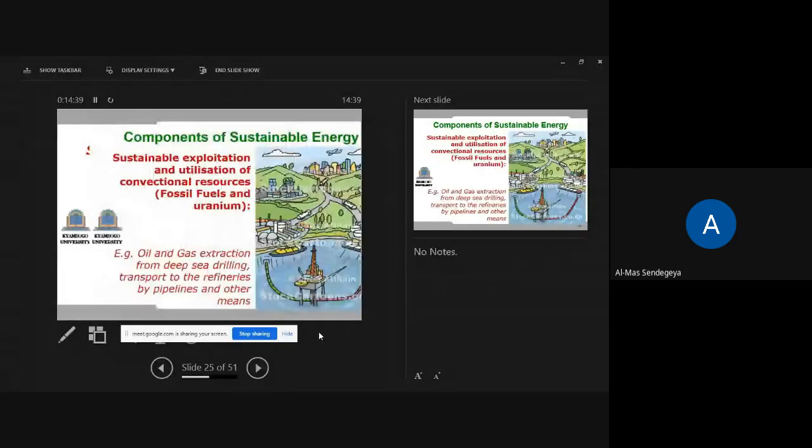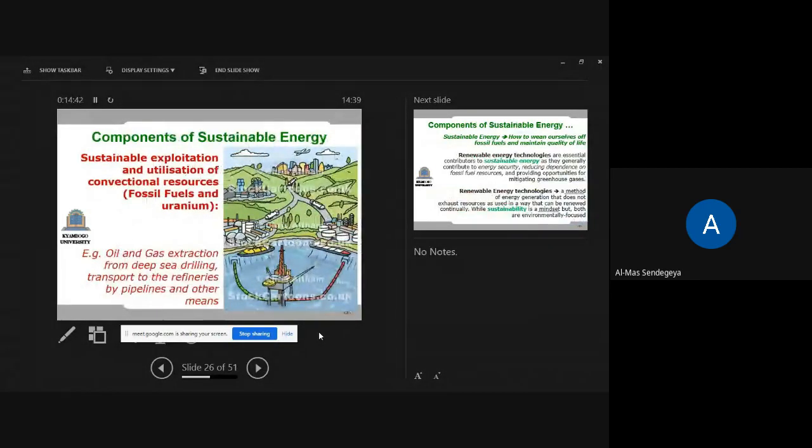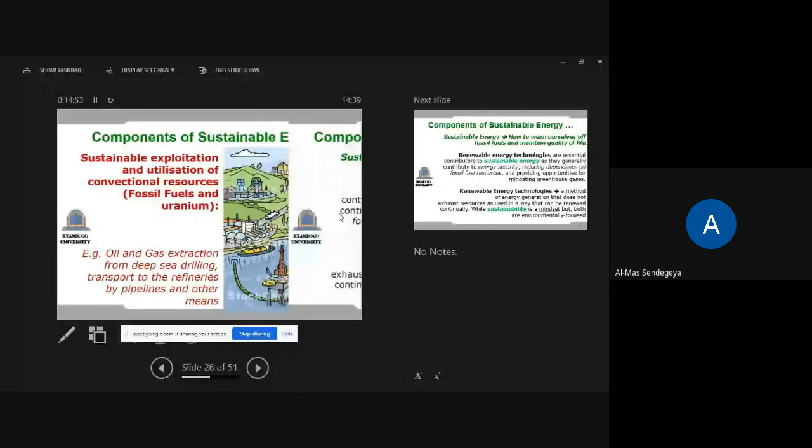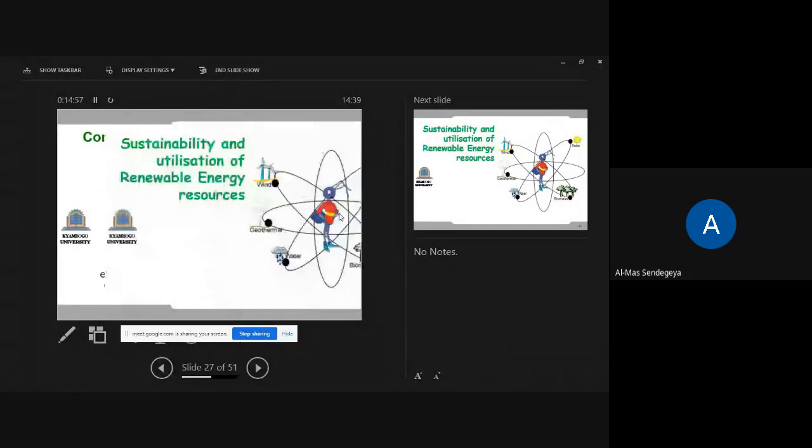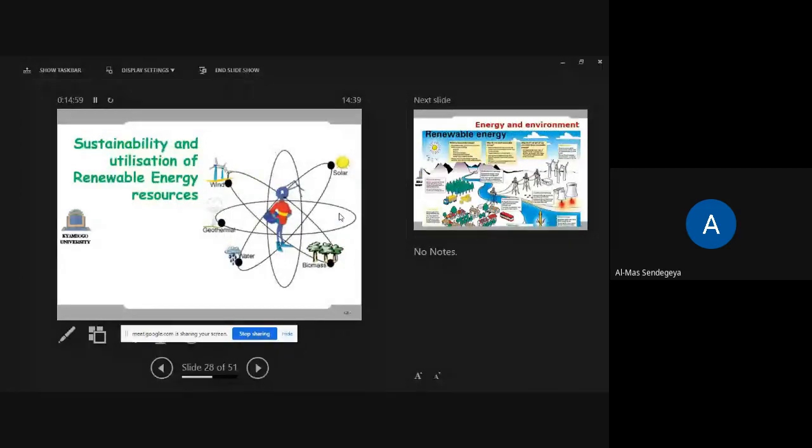Those are components, for example, of sustainable energy. We can look at a complex network. We have ocean energy, conventional resources, and a number of different resources. Those are the components of renewable energy and sustainable energy. I repeat that sustainable energy issues are complicated. But we have to think, do we have all of these resources in Uganda?